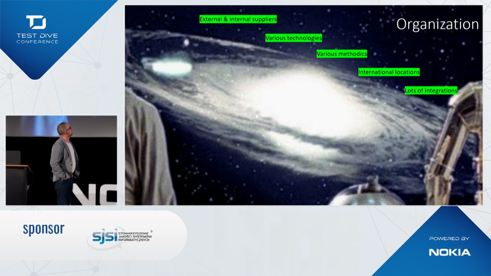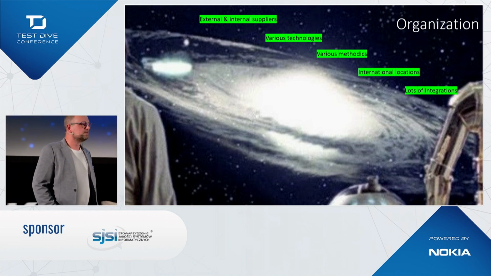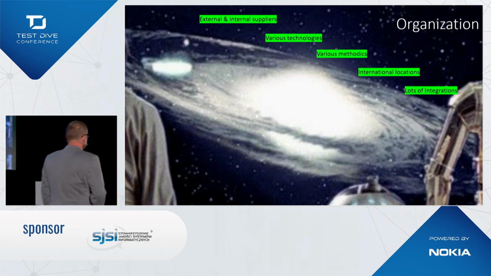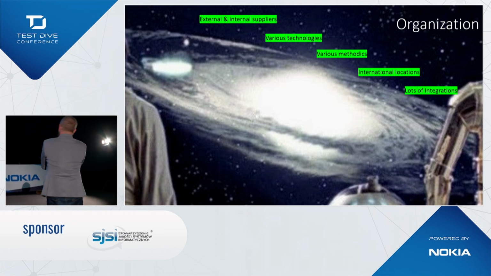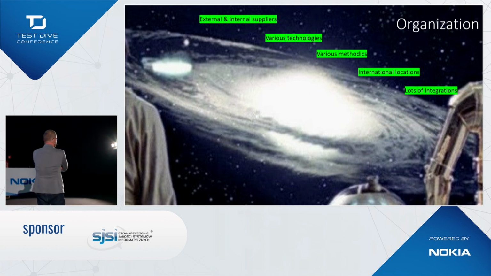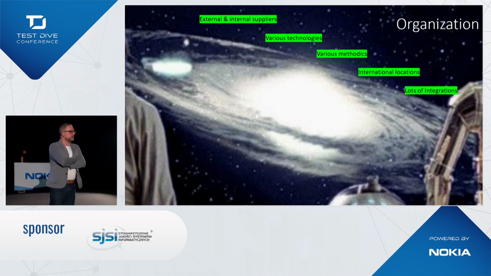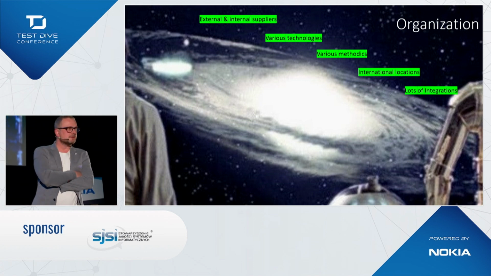So lots of external suppliers, but we also had a few internal ones, because this was, and is, an international organization. What else? Various technologies. We used lots of kinds of technologies, from very old, even 40 years old, to very modern ones. Everything depended on the business needs.